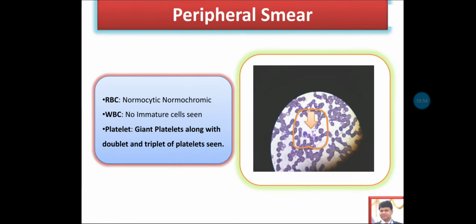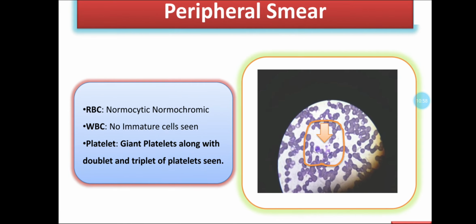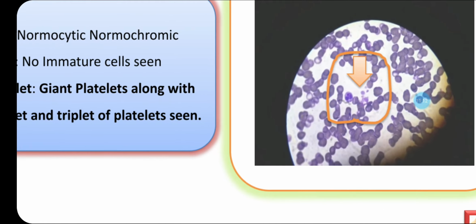If we go through the peripheral smears, we have confirmed these findings with the peripheral smear of the same patient's sample. Here we can see the RBCs are normocytic, normochromic, and no immature cells of the WBC series are seen. But in the microscopic view, there are a few giant platelets, along with doublets and triplets.